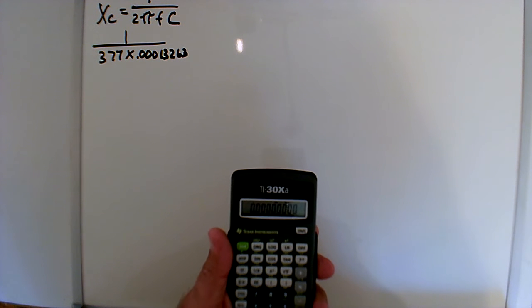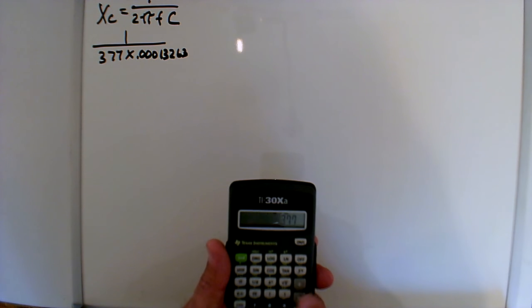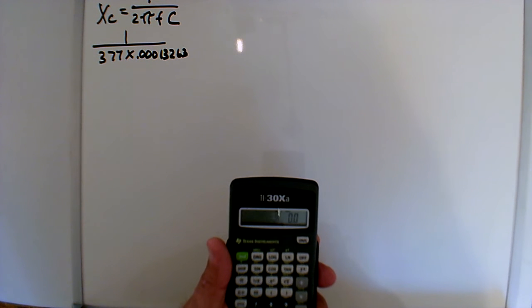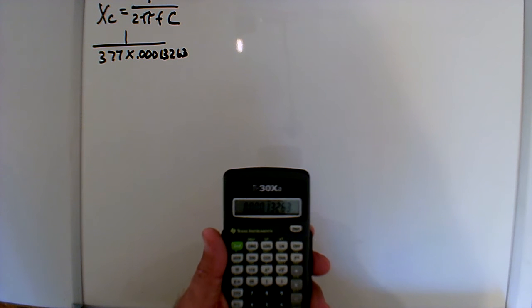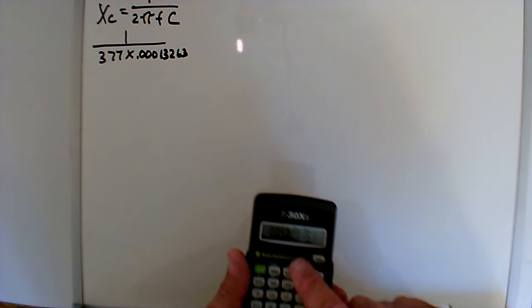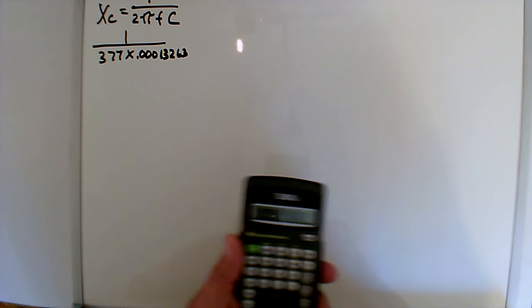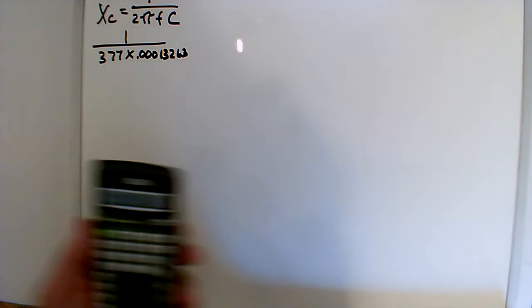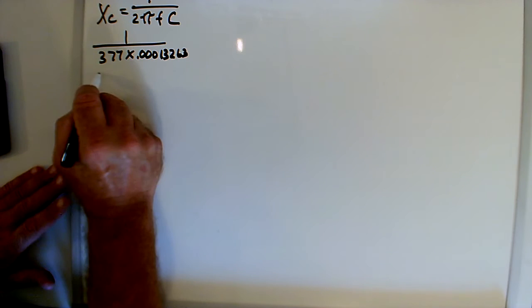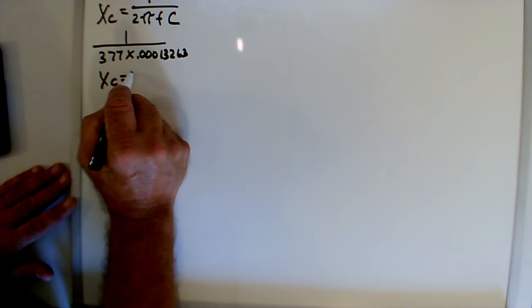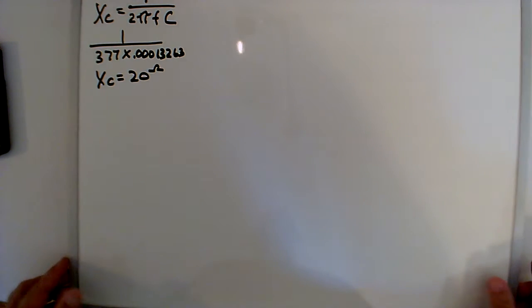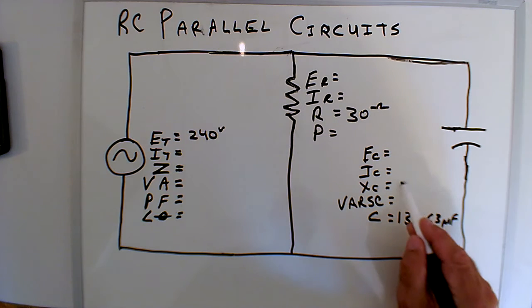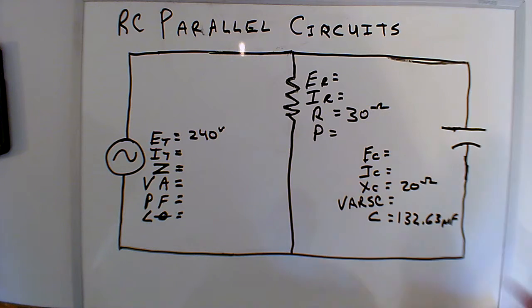If I put that in the calculator, 377 times 0.00013263 equals, and then I have to do 1 over x because we're dividing it into 1, remember, so 1 over x comes out to 19.99. I'm going to call that XC equal to 20 ohms. So let's write that in there. XC is equal to 20 ohms.